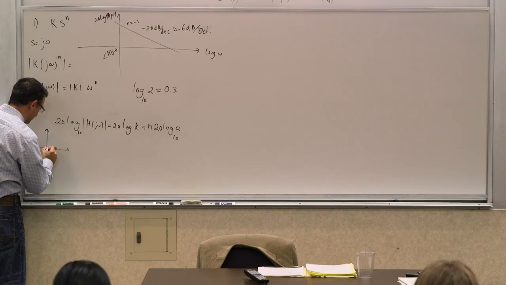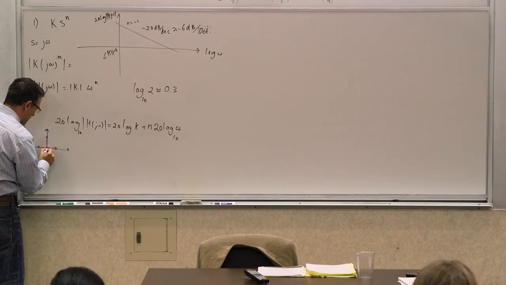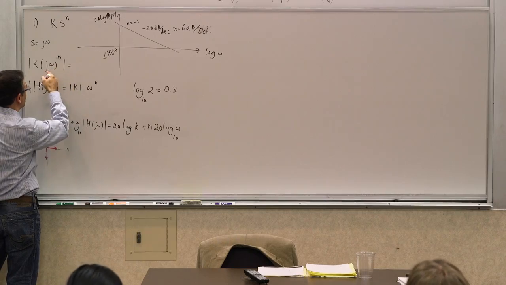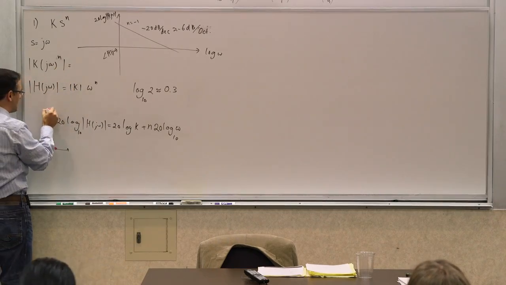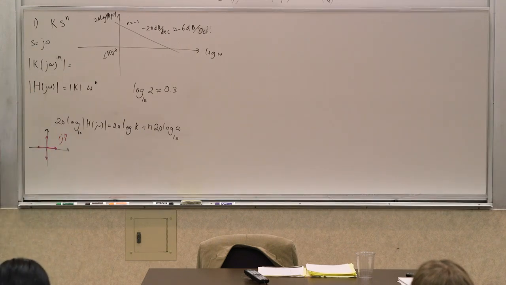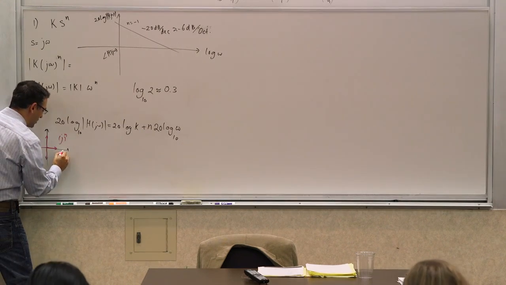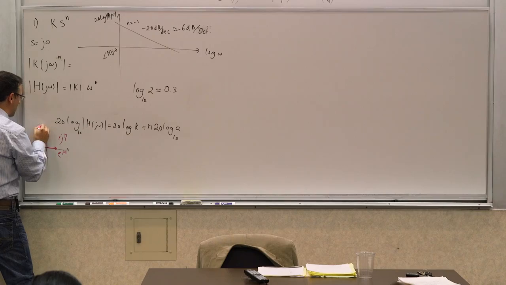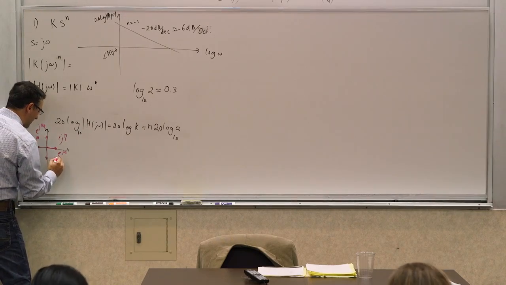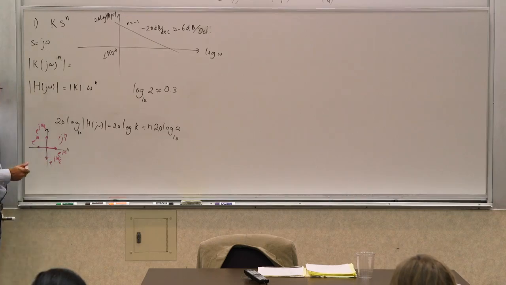So I'll do it again. The part that generates the phase is the j part, right? So you have j to the n, which determines your phase. And you remember, this was e to the j0, this is e to the j pi over 2, e to the j pi, e to the j 3 pi over 2.